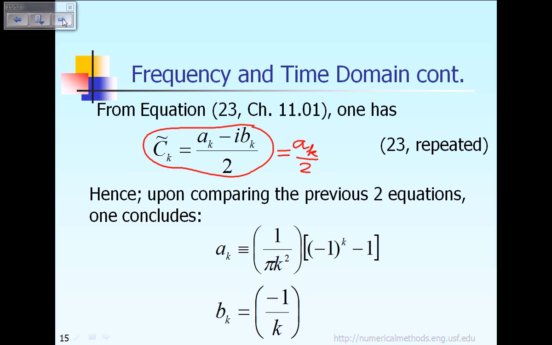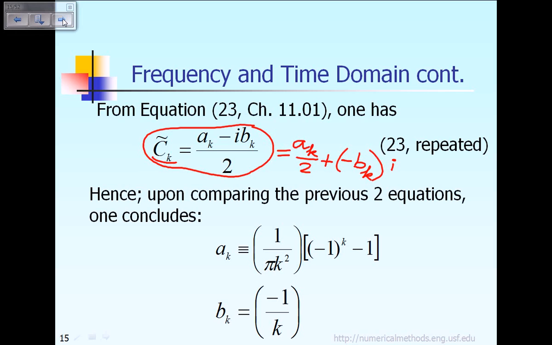The second component is the imaginary part, which is minus b sub k times i. Okay? So that is the so-called c tilde k.